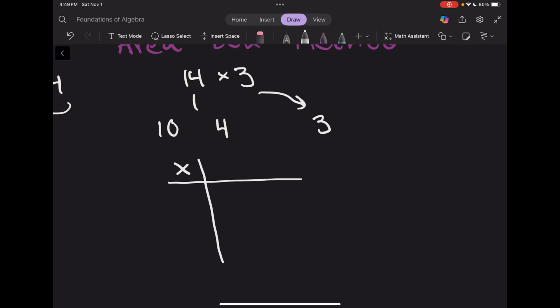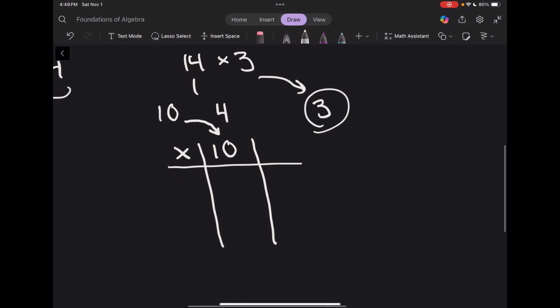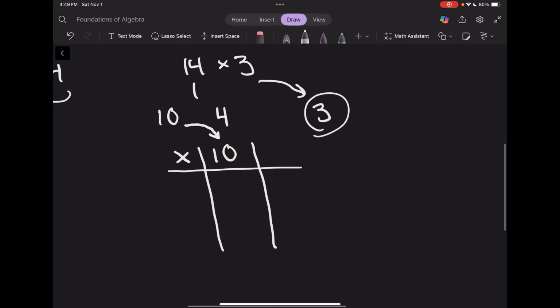Right here, I'm going to put my multiplication sign, and I'm going to put the tens right here, and that's about the only 10 I have. I also only have 3 on this side. That's going to go right here, and my 4 is going to go right here.